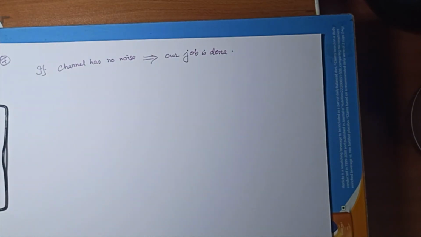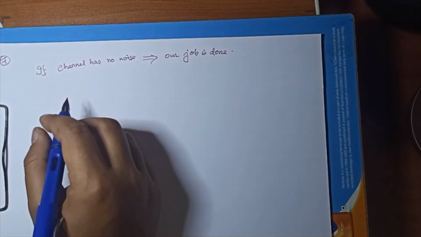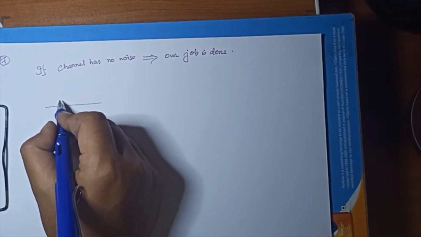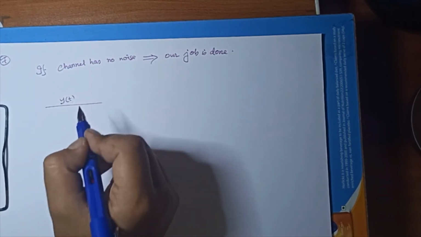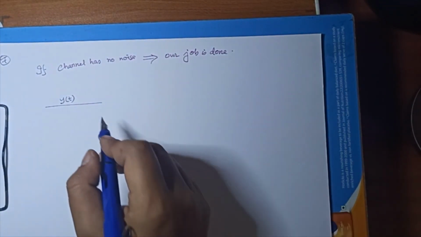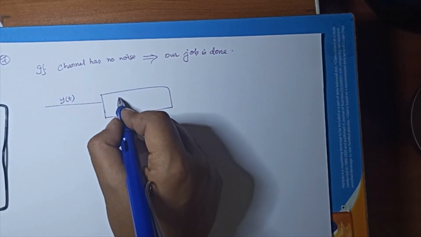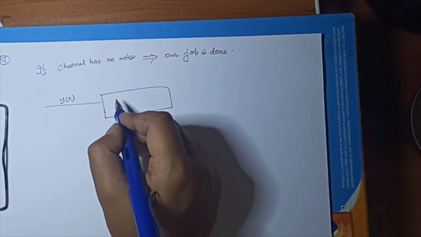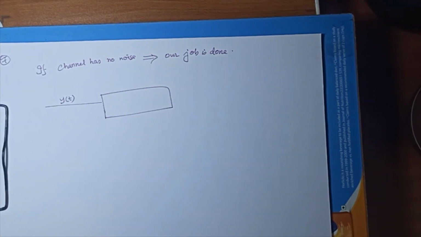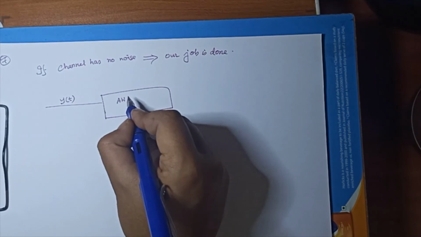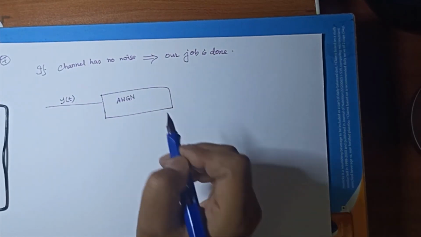The problem which will bother us more here in digital communication is that of noise. So we know that our signal y(t) is the passband signal, and I am talking about the real channel. The real channel is a noisy channel, and there can be different types of noise, but we are mostly bothered with the noise which is additive white Gaussian noise.